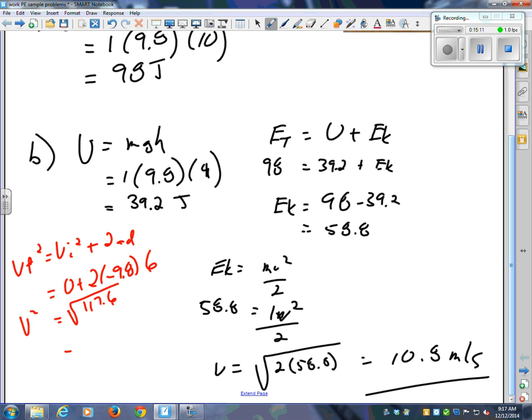Hoping it's the same. Much easier that way. But this shows conservation of energy.